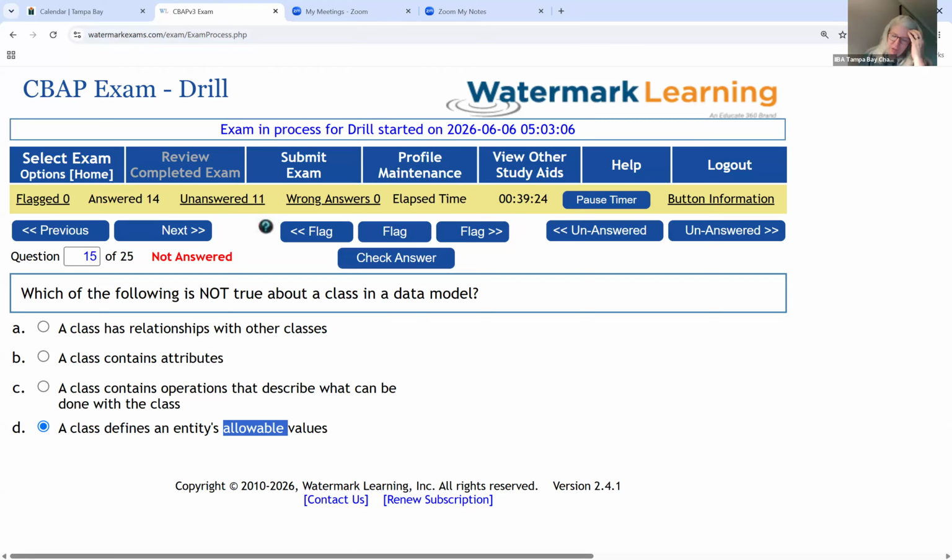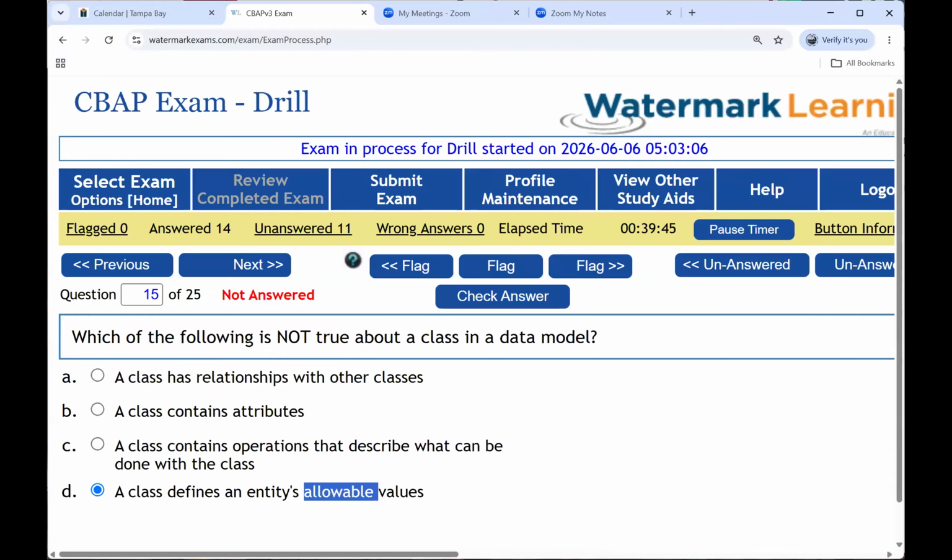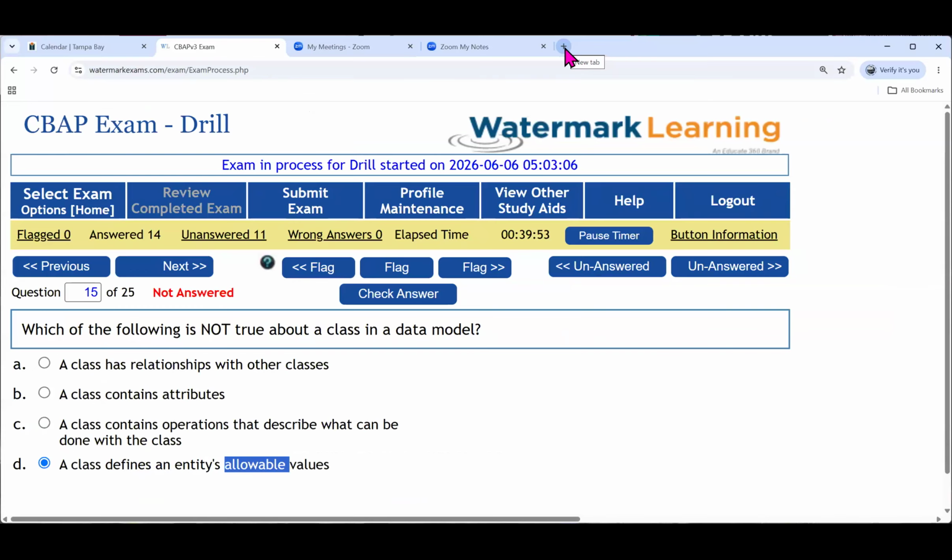Gabriella, Amarachi, what do you think? It's about the BABOK. I don't know if maybe the operations in the C is not correct, because the operations are methods in the data classes.